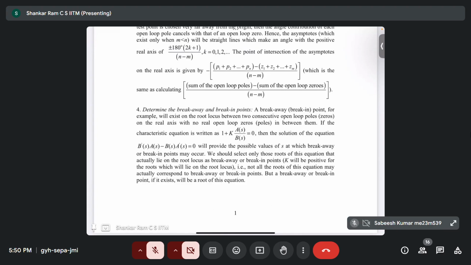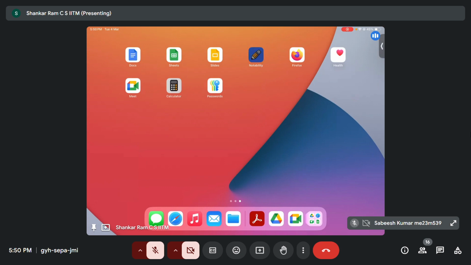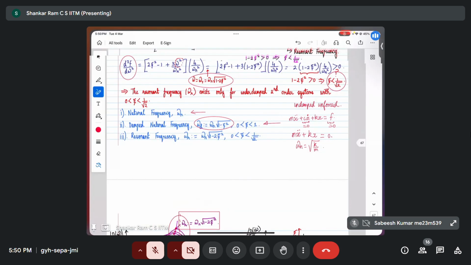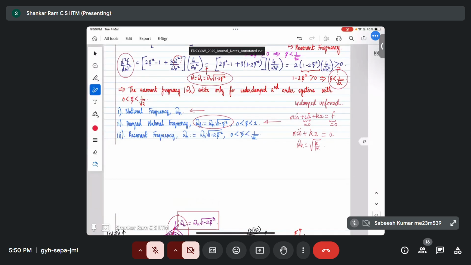If there is a zero between two poles, for example, K into s minus 2 divided by s minus 1, s minus 4, in that scenario, does the equation not break even? I will draw and demonstrate. This is only one of the conditions, not the only condition for a breakaway or break-in point.